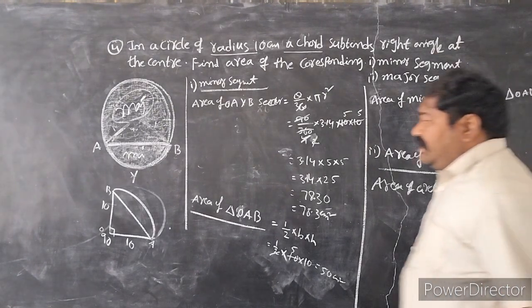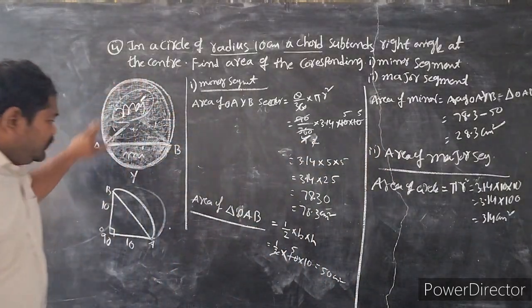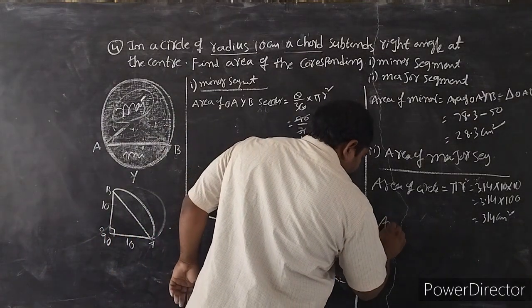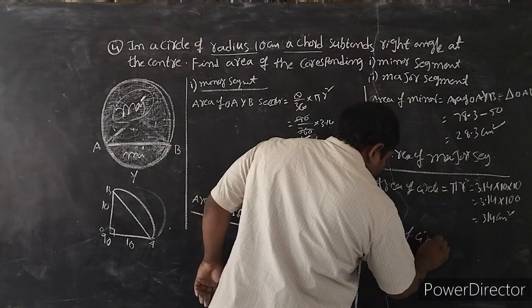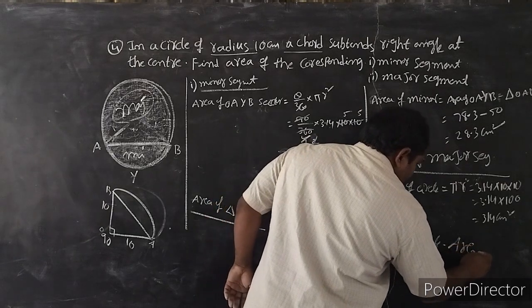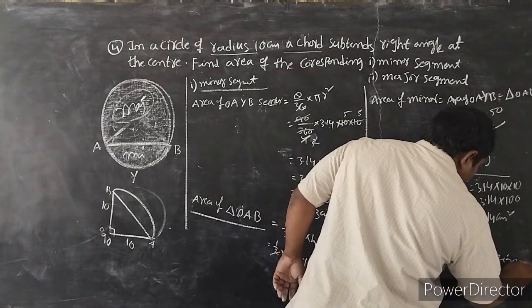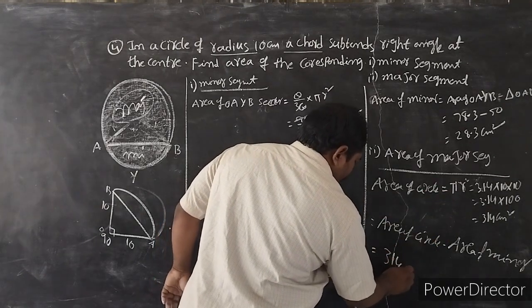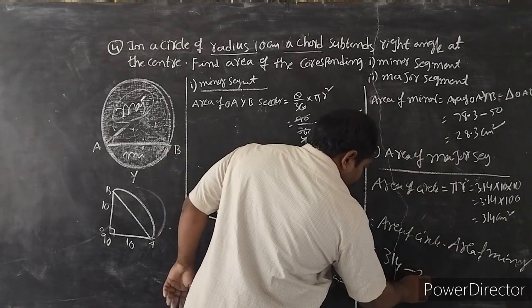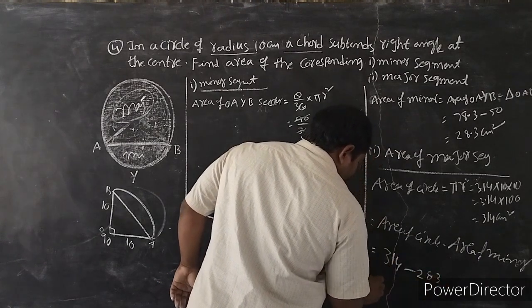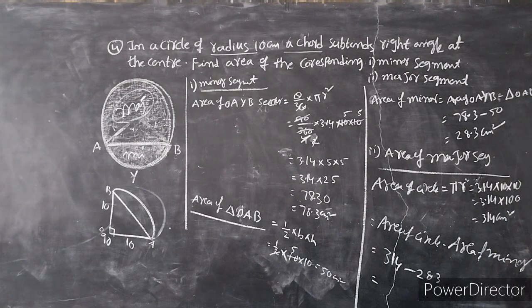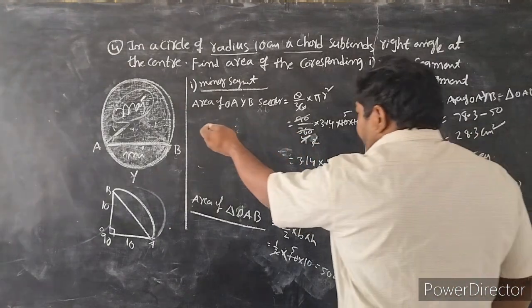If we subtract the area of the minor segment from this total, we will get the area of the major segment. Area of circle minus area of minor segment. The area of the circle is 314, minus the area of the minor segment, 28.3.